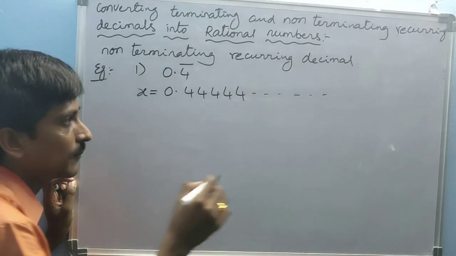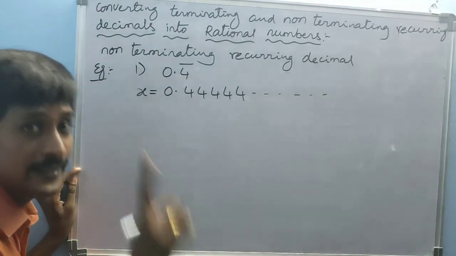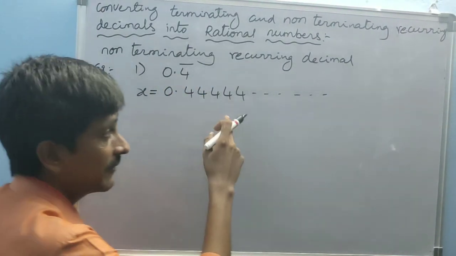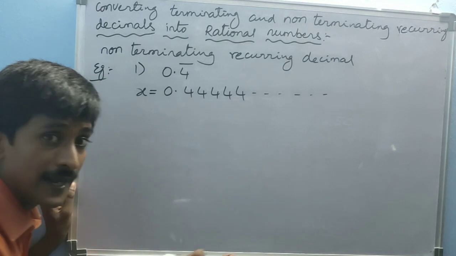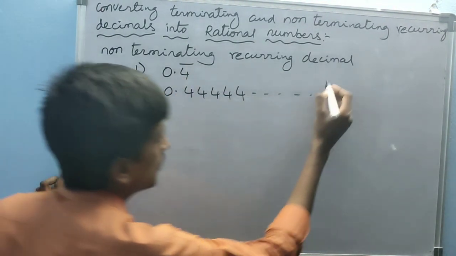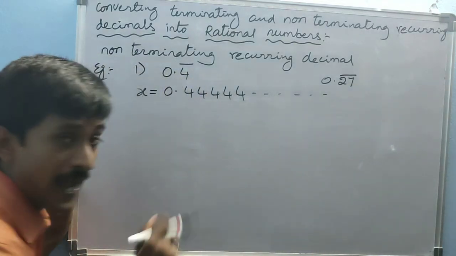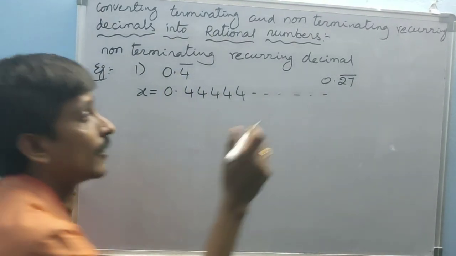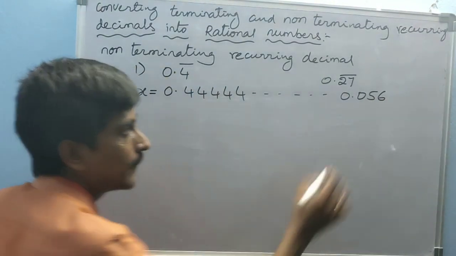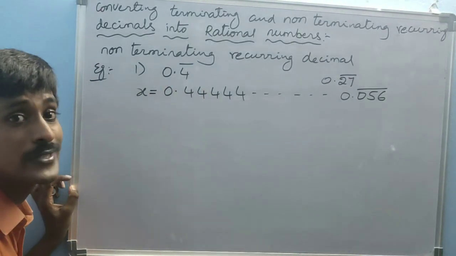So if the bar is one digit, you multiply both sides by 10. If the bar is two digits, multiply both sides by 100. For example, 0.27 bar, multiply by 100. For example, 0.056 bar, multiply by 1000.